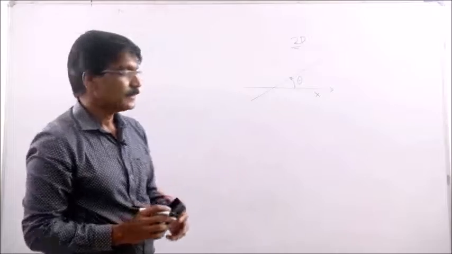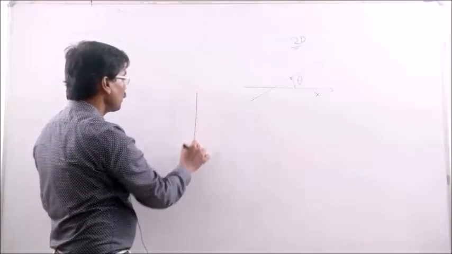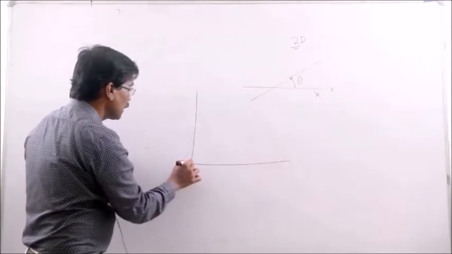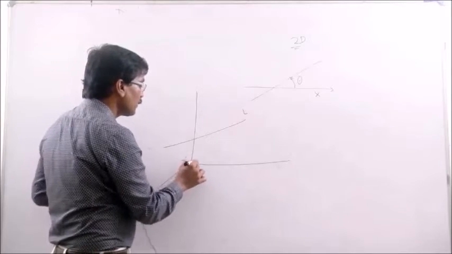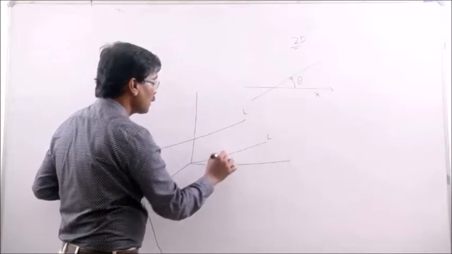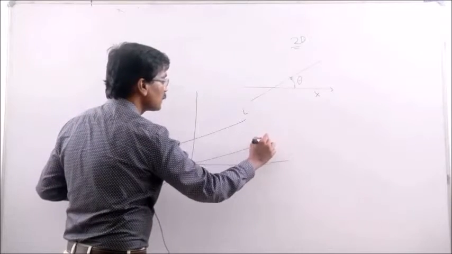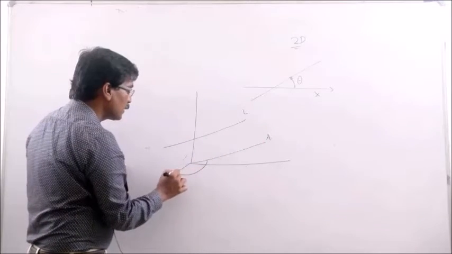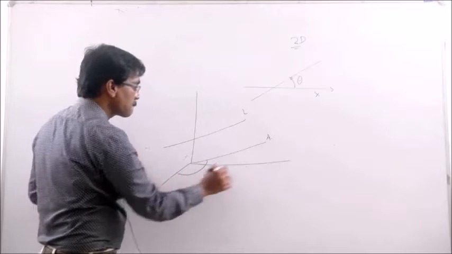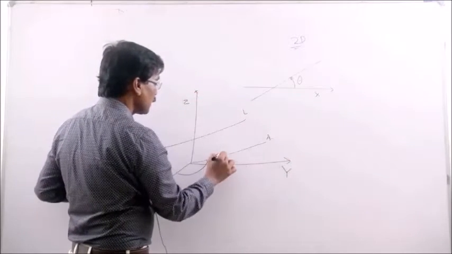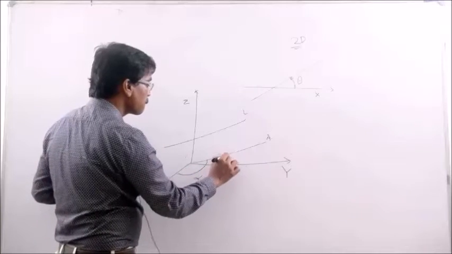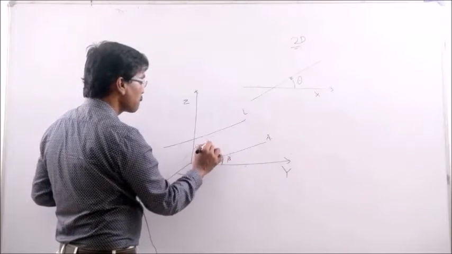In 3 dimension, if we have a line, then we draw a line parallel to it and measure the angles with the x, y and z axes. The angles are say alpha, beta, gamma.